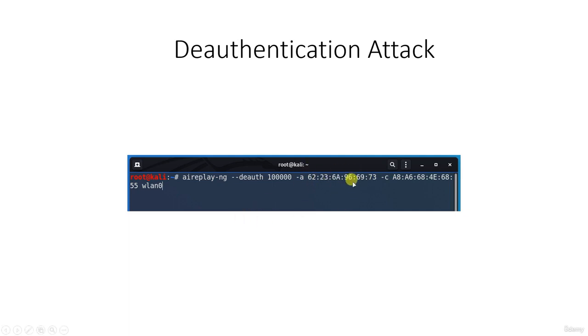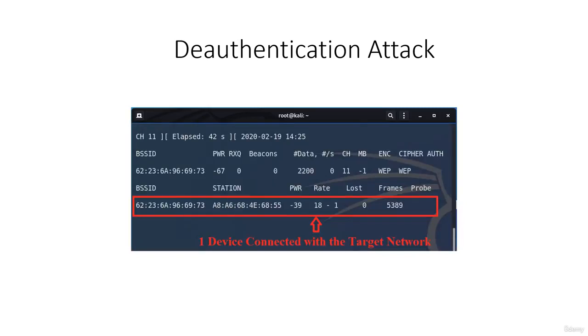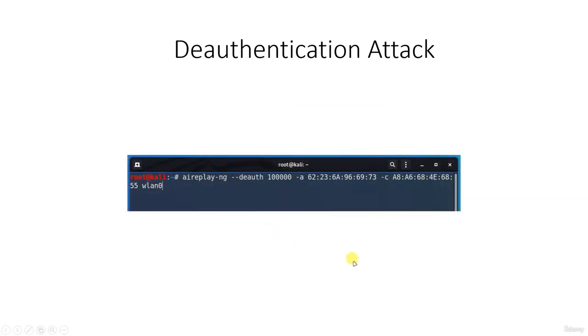Then minus a, and this MAC address is the MAC address of the target network, and minus c, this one, is the MAC address of the client side which I want to disconnect. This MAC address is under the station column, as you can see, the station column. And wlan0 is the name of your wireless adapter in monitor mode.